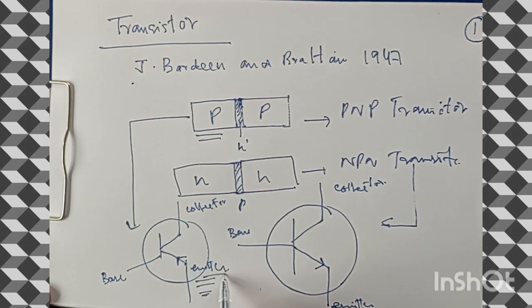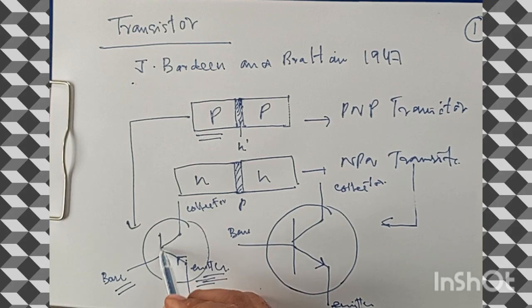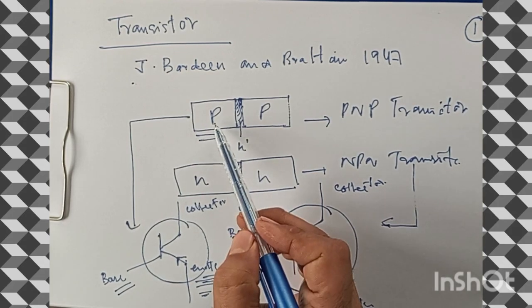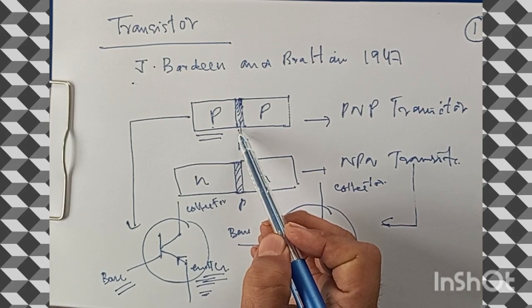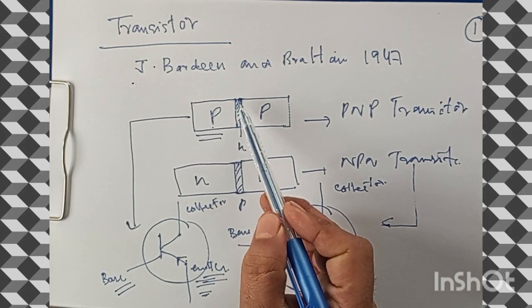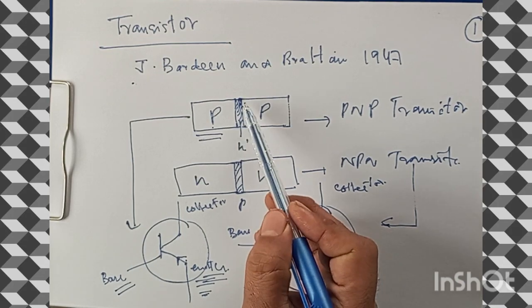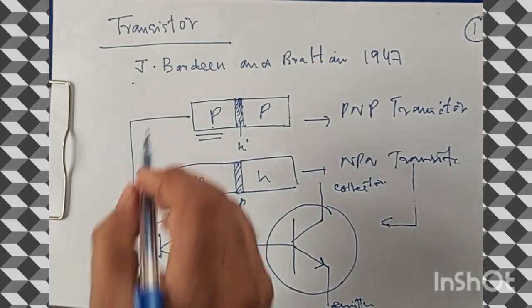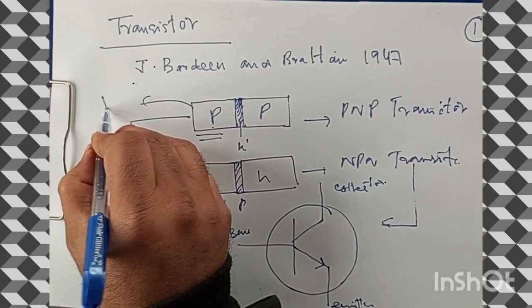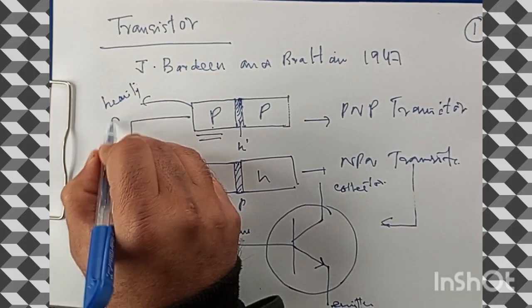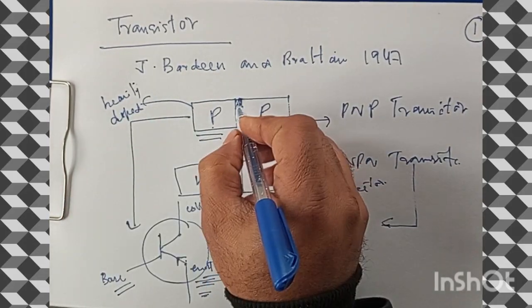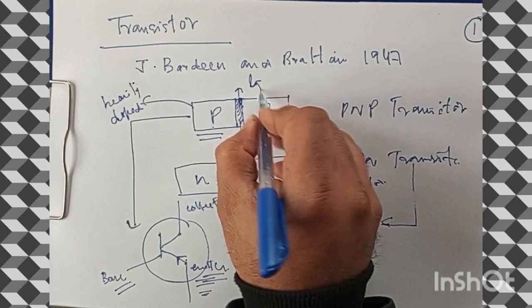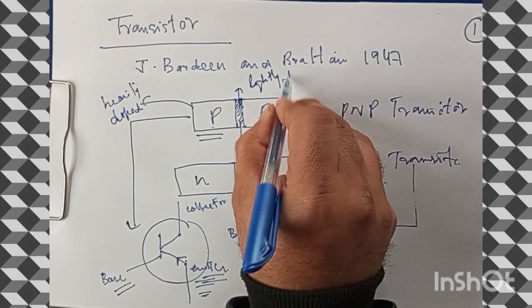So this is my emitter. Now talking about the base: it is a thin layer of the other type of semiconductor. If we have P here, then this is N. The middle region of a transistor is very thin and lightly doped. As I said, this P is heavily doped, and this base is lightly doped.